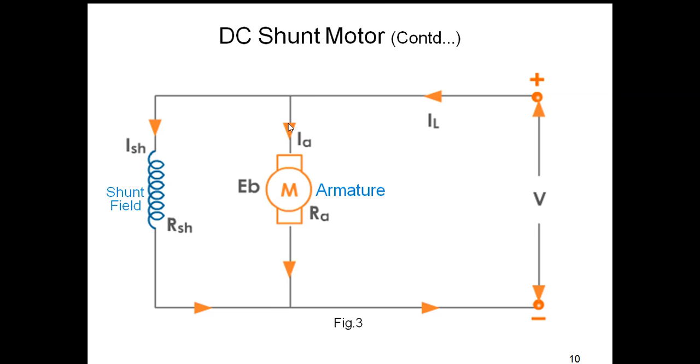It gets divided into two parts. One is IA and the other is ISH. And this is the back EMF EB. If we write KVL in this loop, then we get V is equal to EB plus IA RA.